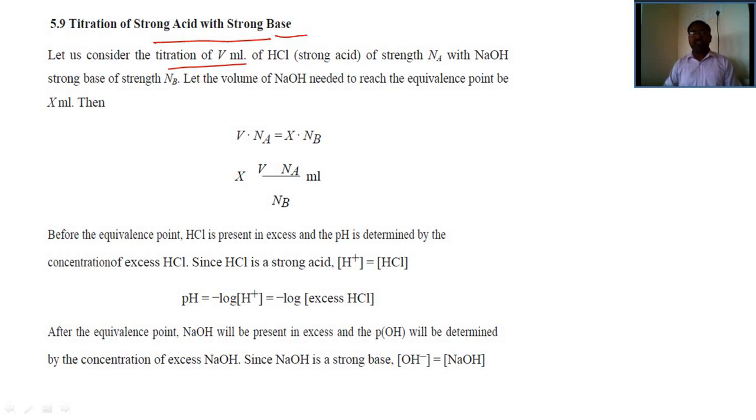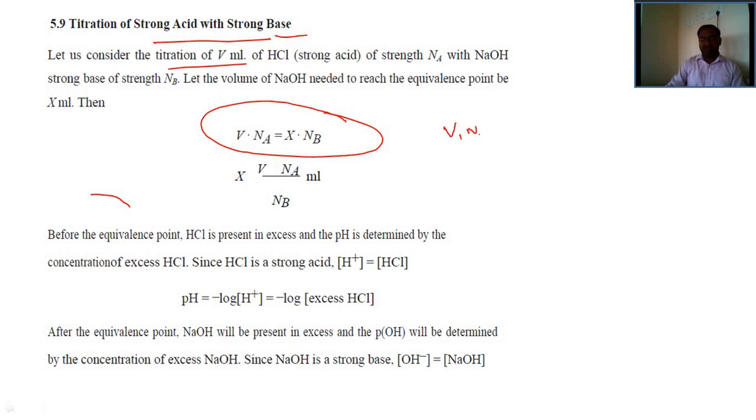The volume of NaOH needed to reach the equivalence point is VbNb equal to VaNa. Here we are going to predict that Vb is equal to VaNa by Nb.